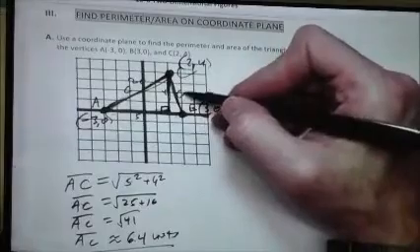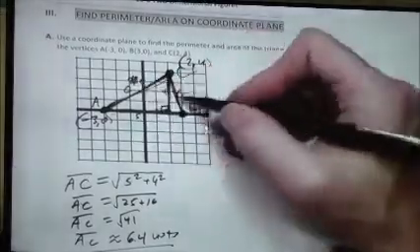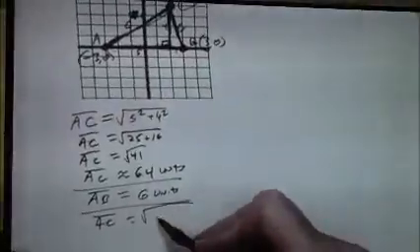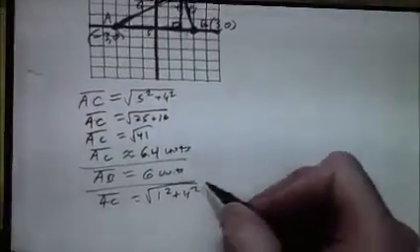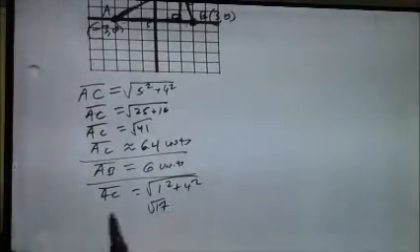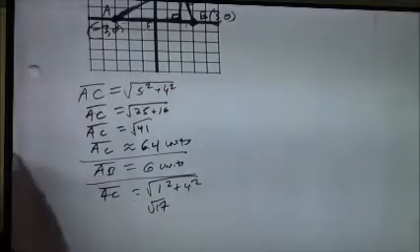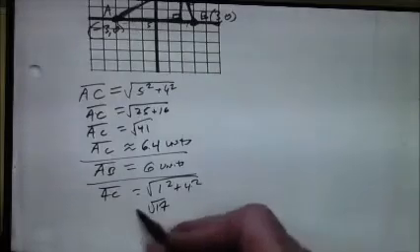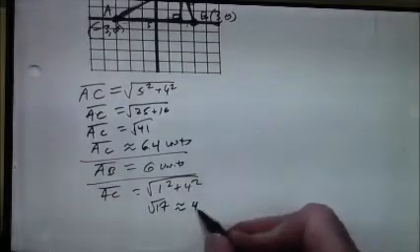I'm going to do that already with 4 and 1. Because if this is c, c squared is equal to a squared plus b squared. So it's the square root of 1 squared plus 4 squared. 16 plus 1 is the square root of 17. And the square root of 17 is going to be very close to 4. 4.123. So that's approximately 4.1.